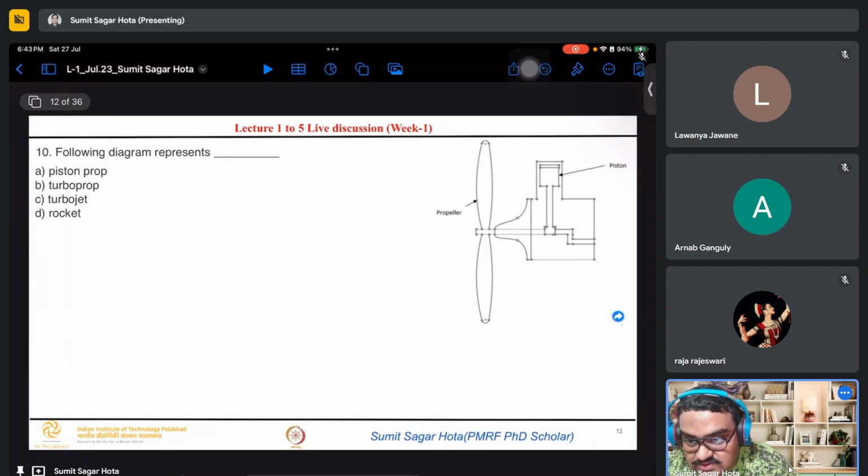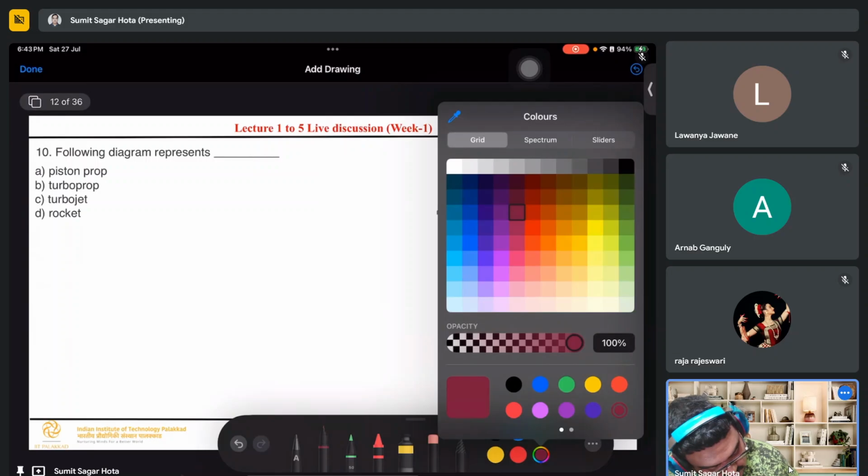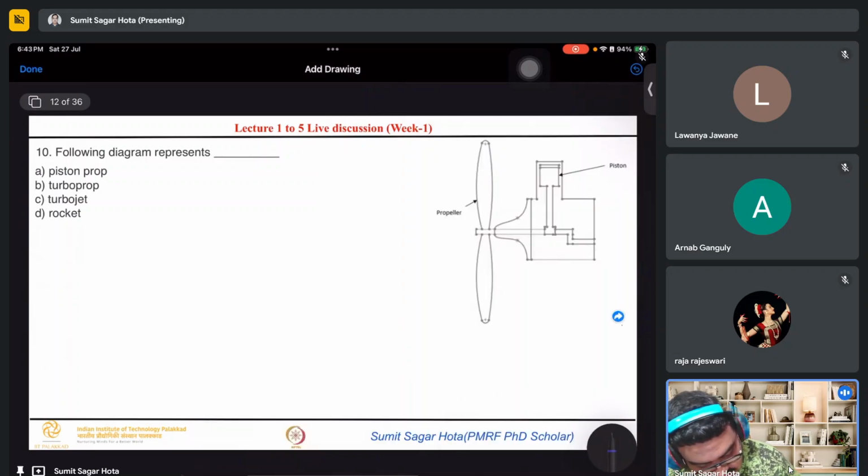So this question, okay, we can see one diagram here. In this diagram we have to tell what type of diagram this is. Is it a piston prop, a turboprop, a turbojet, or a rocket? You can very easily see here one propeller is there, and also one piston cylinder arrangement is here.